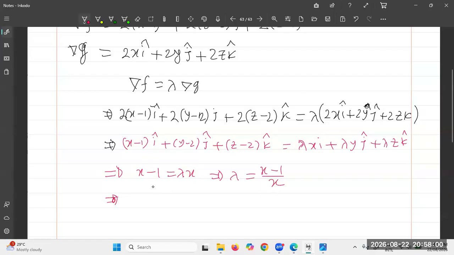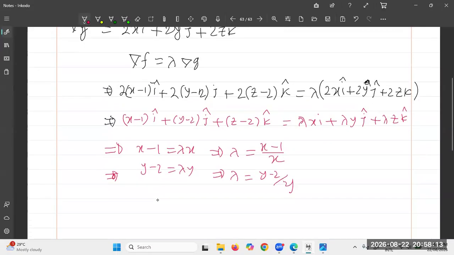The second equation: y minus 2 is equal to lambda y, so lambda is y minus 2 divided by y. And the third, z component: z minus 2 is equal to lambda z, so lambda is z minus 2 divided by z.